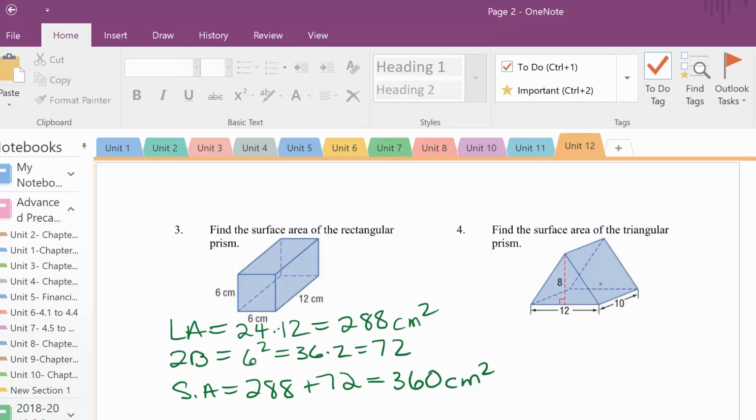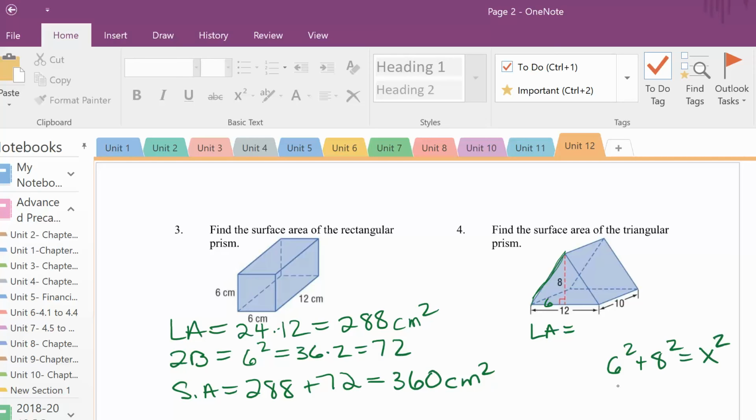All right, here's a triangular prism because the base is a triangle. For the lateral area, we need the perimeter of the base. If this is 12 here, you have 6. You could do the Pythagorean theorem to find out what this side is. So 6 squared plus 8 squared is equal to x squared.